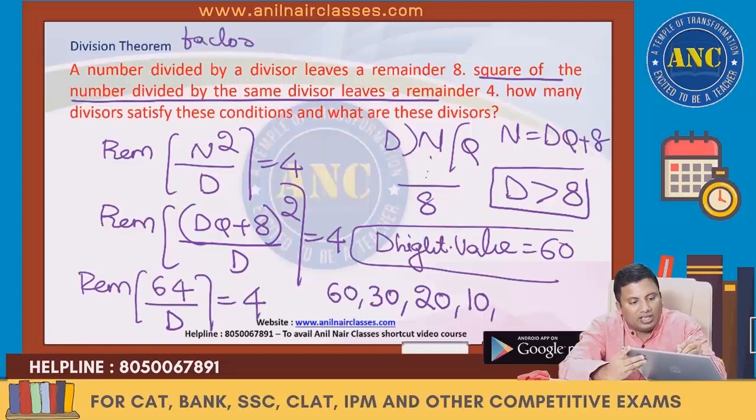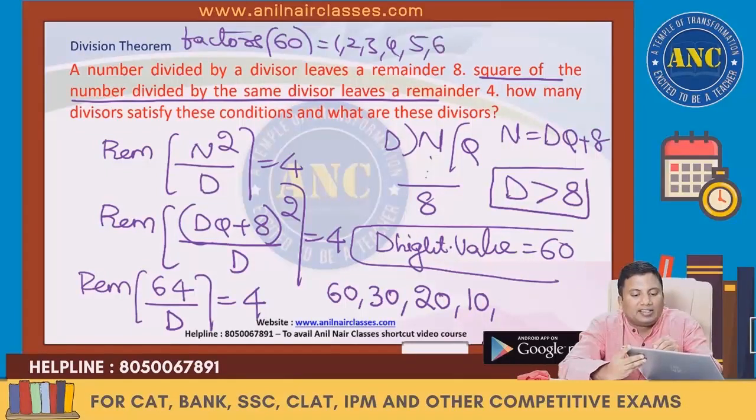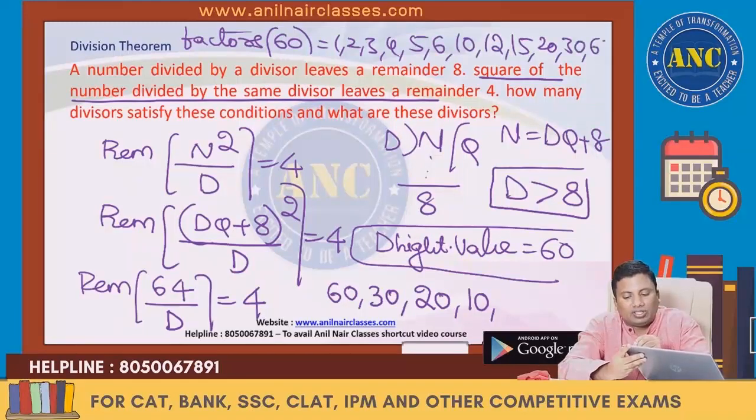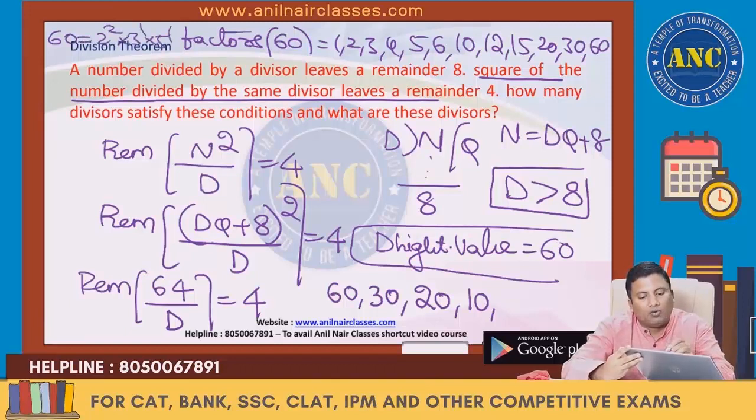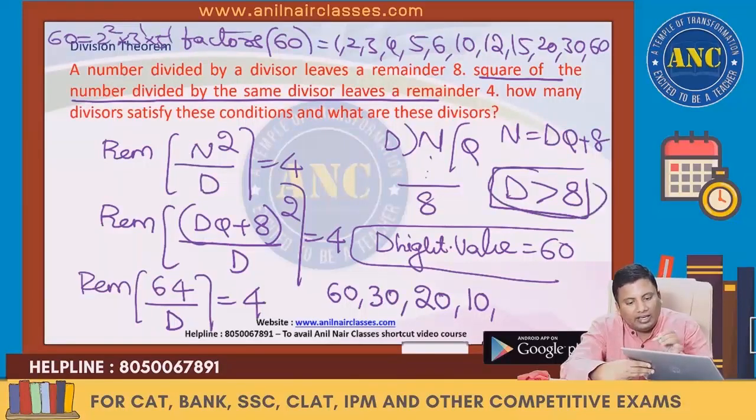Factors of 60 are 1, 2, 3, 4, 5, 6, 10, 12, 15, 20, 30, 60. Am I right? 60 is 2 square into 3 into 5, so I should get 12 factors in total. But d should be greater than 8.